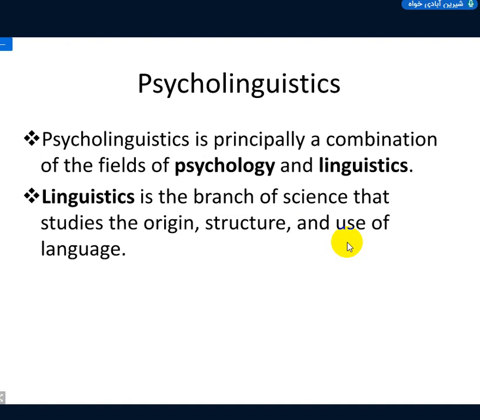Now, the definition of psycholinguistics is a combination of psychology and linguistics. You know what linguistics is: a branch of science that studies the origin, structure and use of language. But what about psychology?